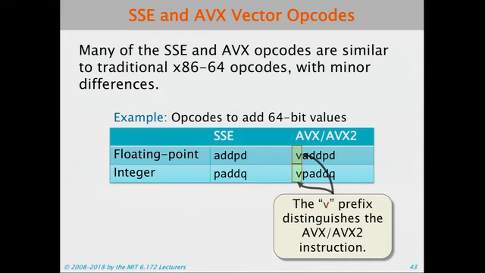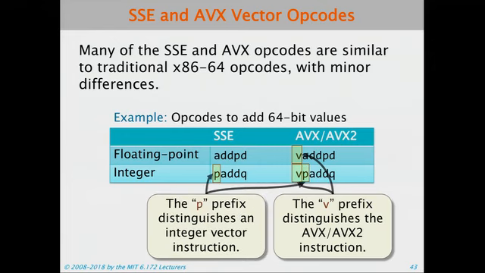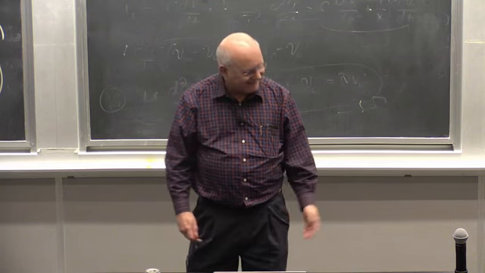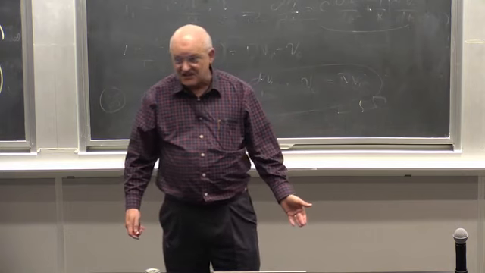So if you see a V, you go to the part in the manual that says AVX. If you see the P that says it's packed data, then you go to SSE if it doesn't have the V. And the P prefix distinguishes an integer vector instruction. I tried to think, why is P distinguishing an integer? P is a good mnemonic for integer, right?